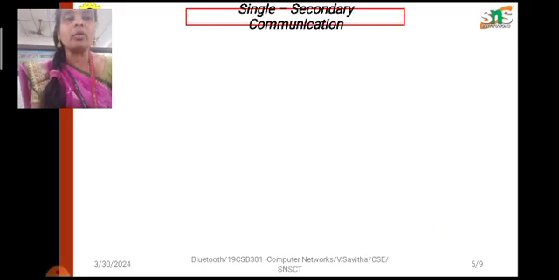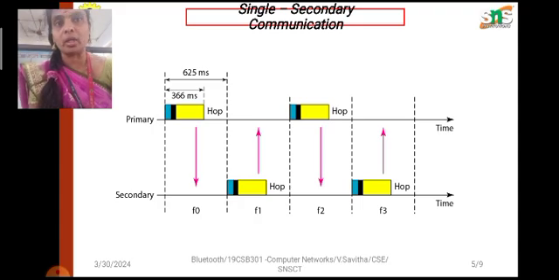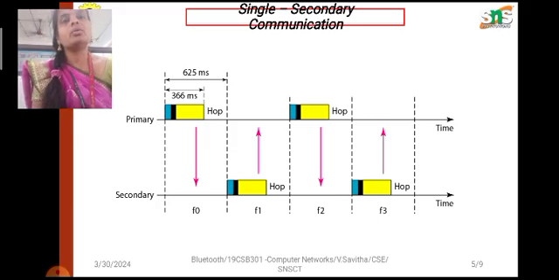Now the communication between the devices in Bluetooth is a primary-secondary communication. The primary system, as I told you before, takes the role of master, and the secondary system acts as a slave. The initiator of the communication will always be the primary system, and it starts transmitting signals in the frequency.